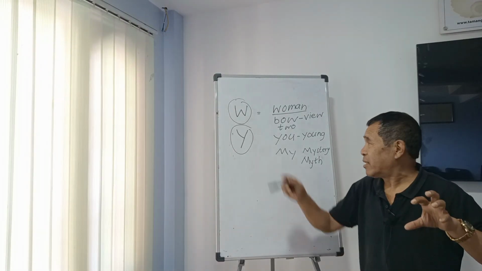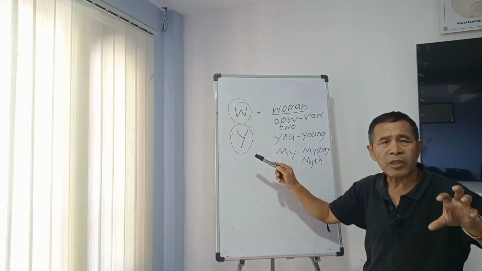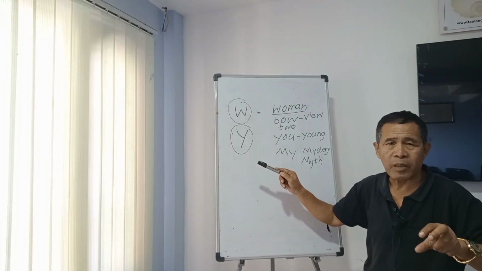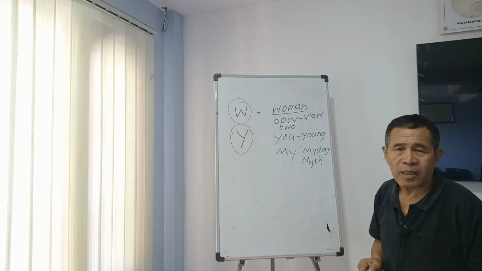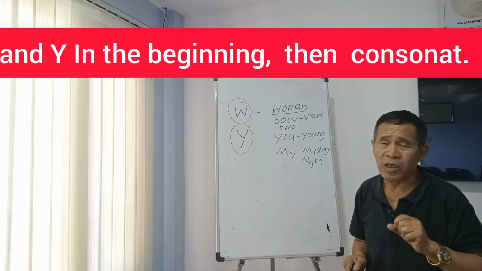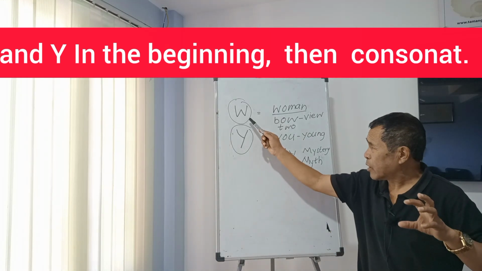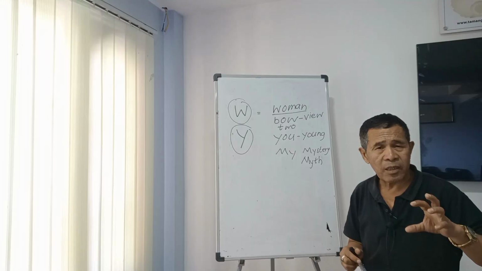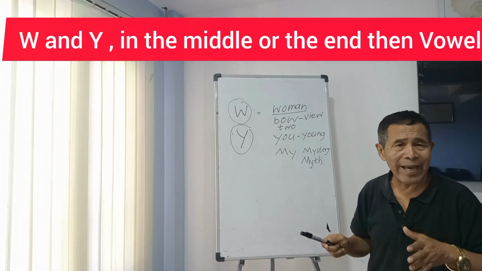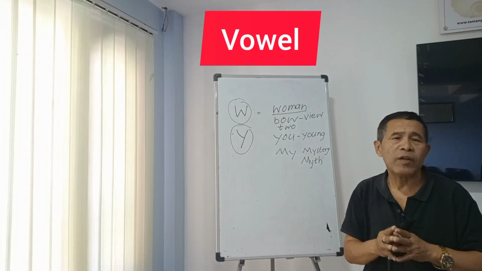When they are used as consonants, they are at the beginning of the word. Keep in mind, please, at the beginning of a word. Now next, when these two letters are in the middle or at the end, they are used as vowels.